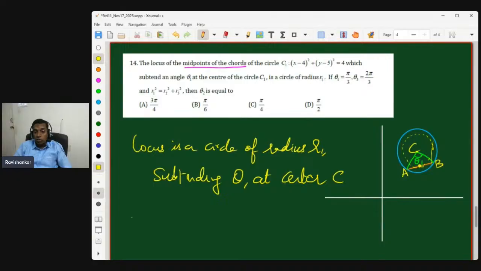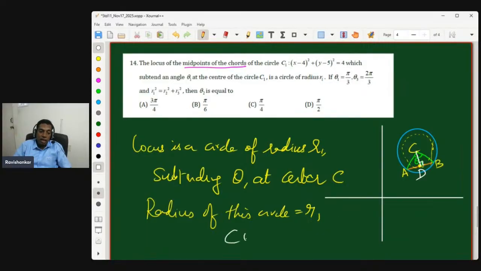So what is the radius of this circle? It equals R1, and R1 is nothing but, if you connect C to this midpoint, CD. This is the big idea.